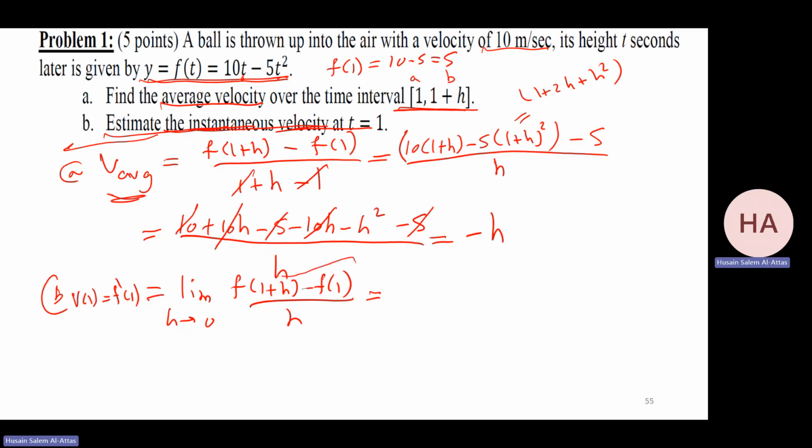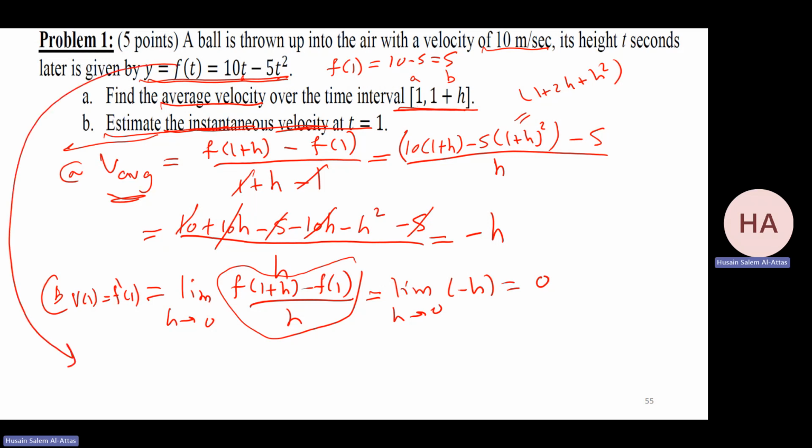This we did in part A. So you have limit h goes to 0 of minus h, and that is 0. Also, I can check it using the definition, since I know how to find the derivative. What will be f prime at t? It's 10 minus 10t. But I'm looking for f prime at 1, which is 10 minus 10, which is 0. So it's the same.